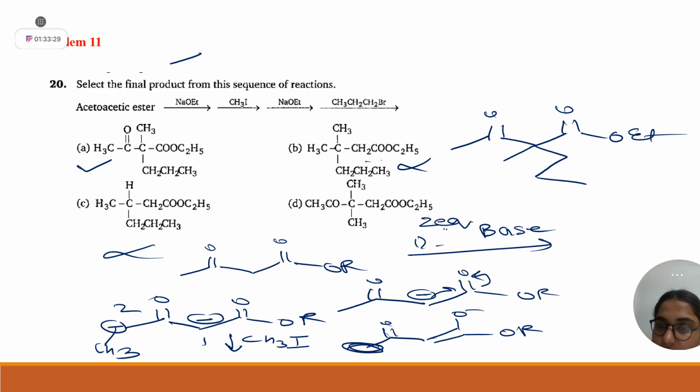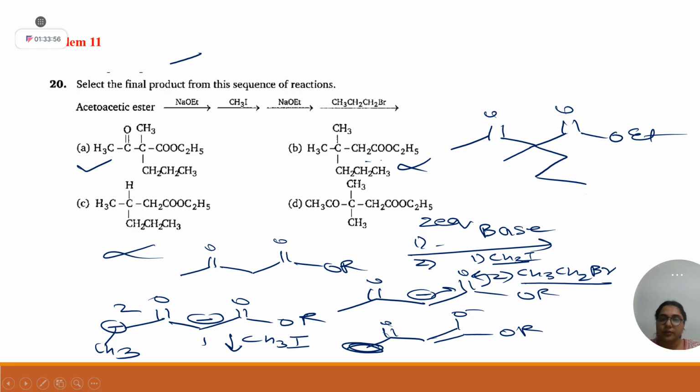Let's say first on the arrow they have written two equivalents of base. Then they say first iodomethane, and then they write, let's say, bromoethane. So now you can easily tell that on carbon number 2 it will be methyl, and on the carbon in between, that is carbon number 1, we will have ethyl.